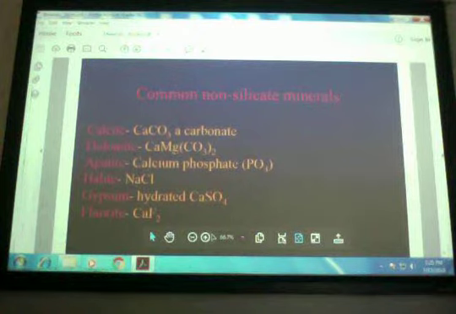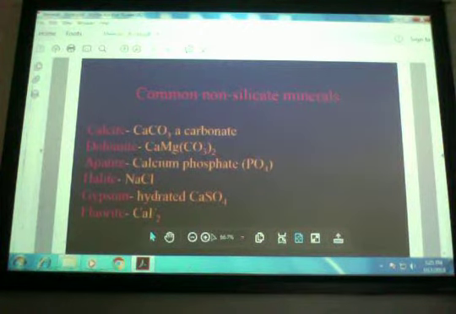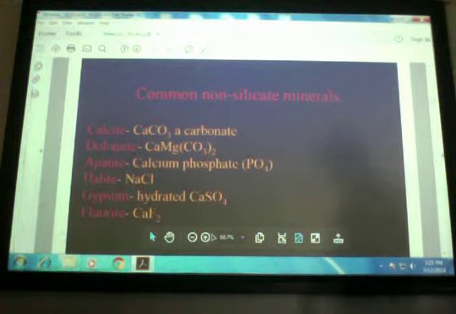Here we have another mica that is a muscovite. So now we can just go to the next slide.